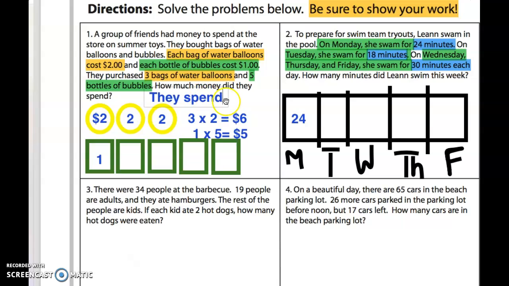They spent 6, 7, 8, 9, 10, 11. $11 in all. Okay, so that's what I can write down for my very first problem.